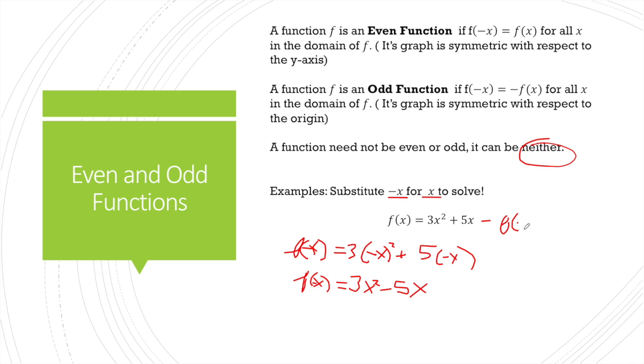Negative f of x would have given me negative 3x squared minus 5x. And I don't have that, right? So since f of negative x doesn't equal f of x, it's not even. And since f of negative x doesn't equal negative f of x right here, my function is not odd, so it is neither.